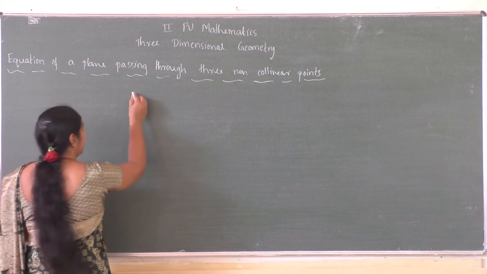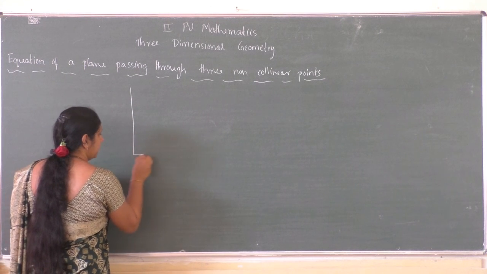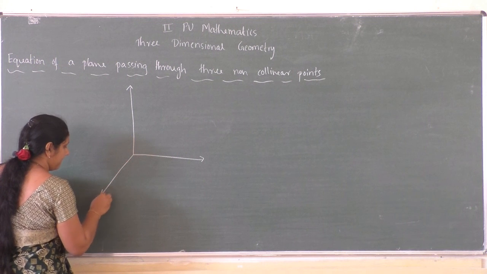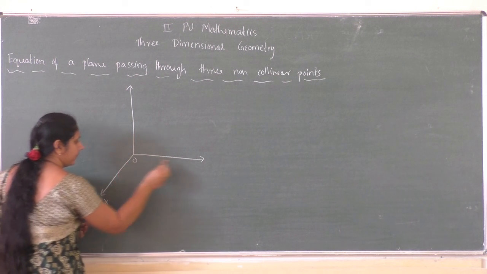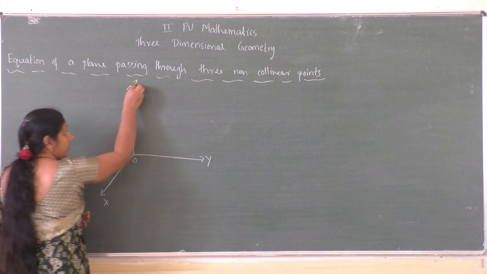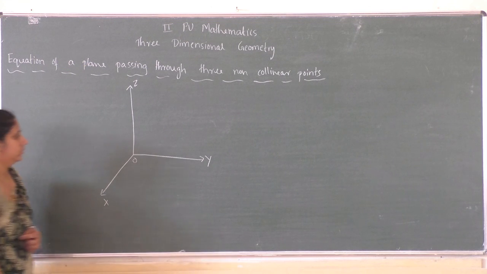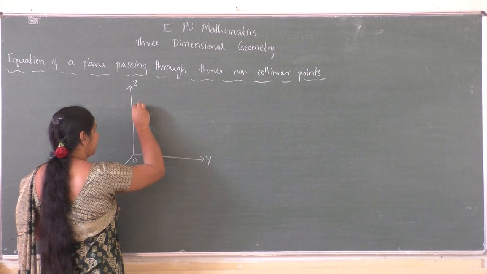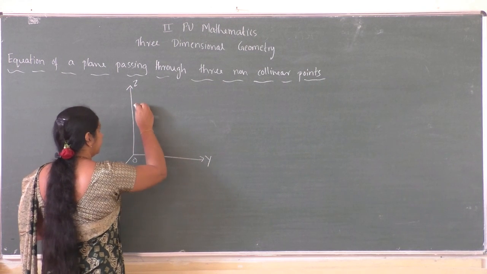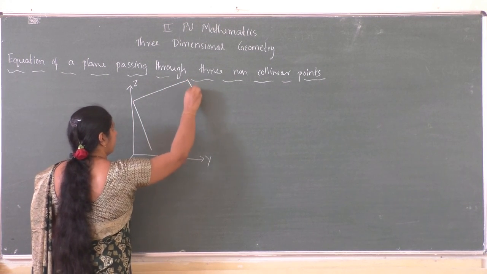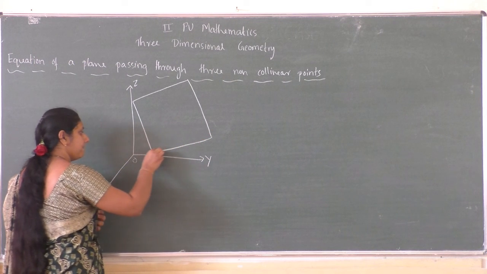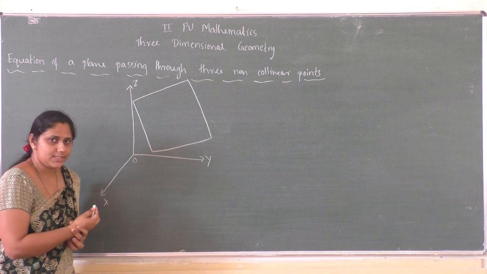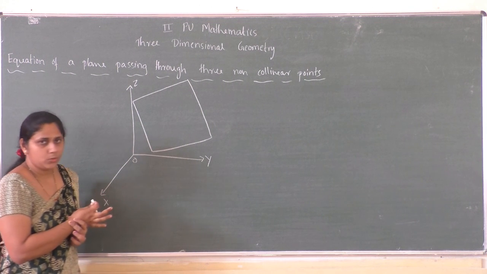For that you have to take a 3-dimensional space, with axes X, Y and Z. I will consider one plane. I will take Q, R and S as 3 non-collinear points.